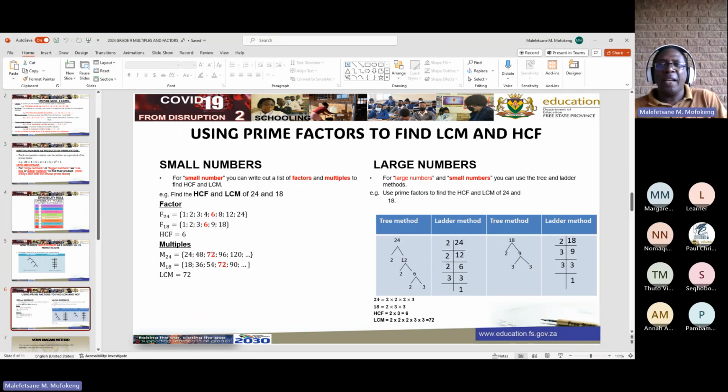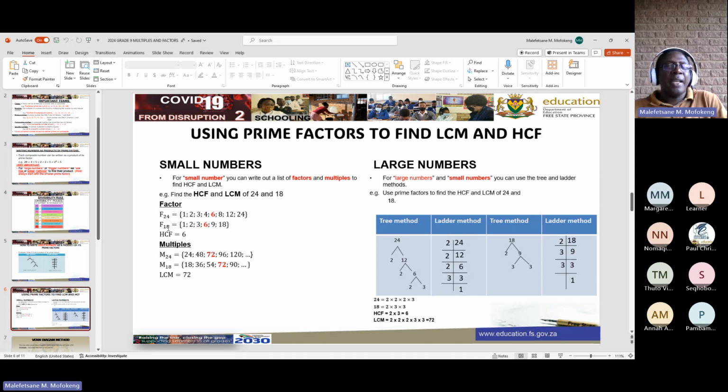Using prime factorization to find the LCM or the highest common factor. For small numbers, you can write out a list of factors or multiples to find the LCM and the highest common factor. For example, if you want to find the highest common factor and the lowest common multiple of 24 and 18, firstly start with the factors, or you may start with the multiples, depending on which term you understand best. The factors of 24 are 1, 2, 3, 4, 6, 8, 12, and 24.